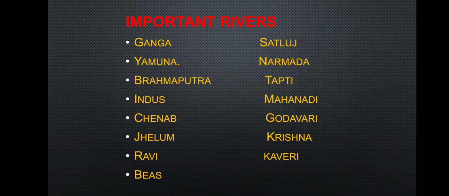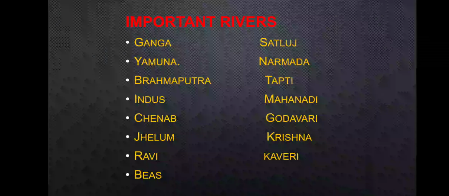On the left hand side, the names of the rivers given are Ganga, Yamuna, Brahmaputra, Indus, Chenab, Jhelum, Ravi, Beas, and Satluj. These rivers are the North Indian rivers. And Narmada, Tapti, Mahanadi, Godavari, Krishna, and Kaveri. These rivers are peninsular rivers or South Indian rivers.